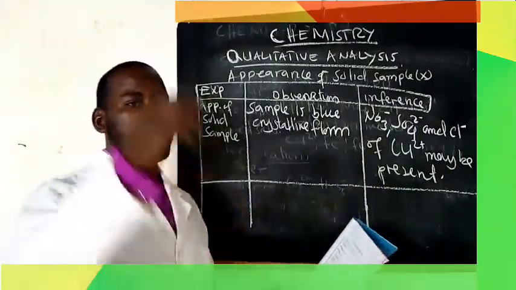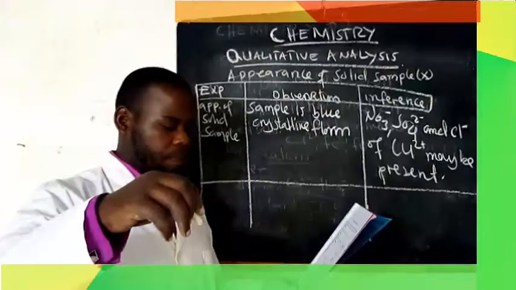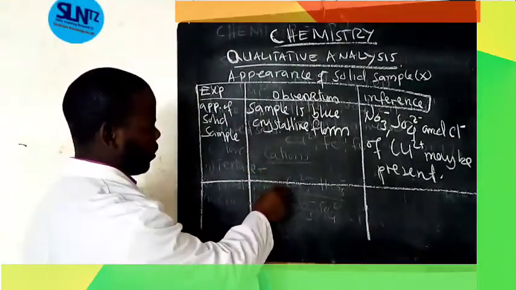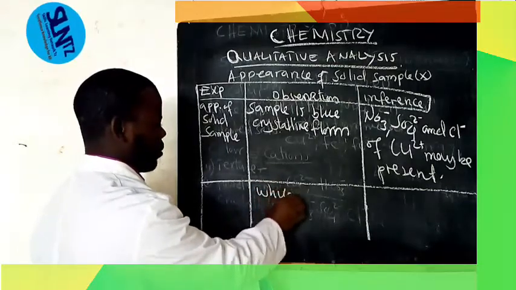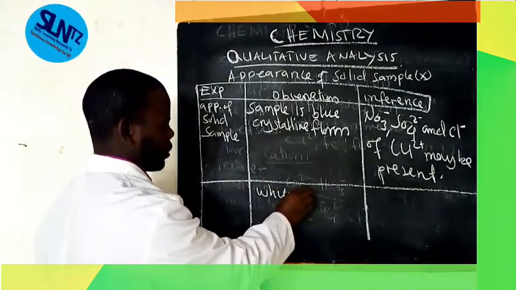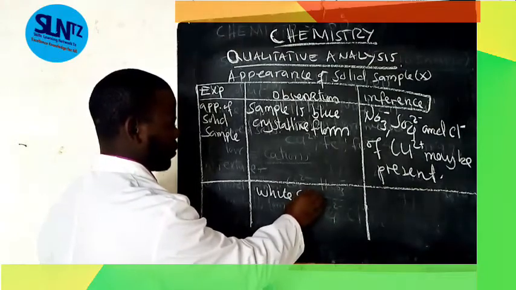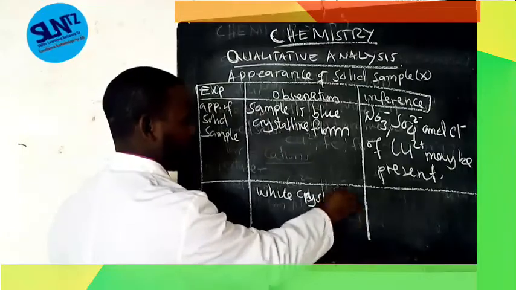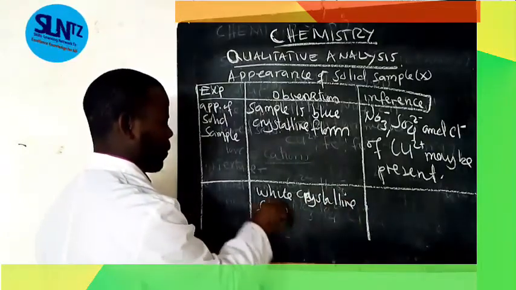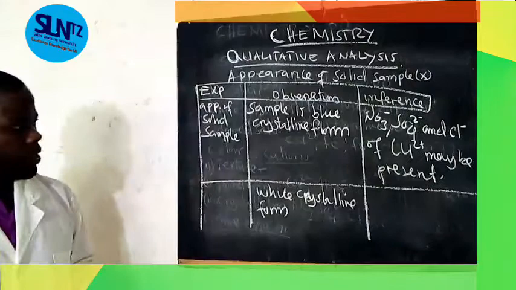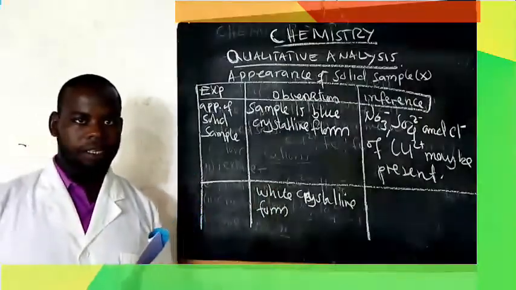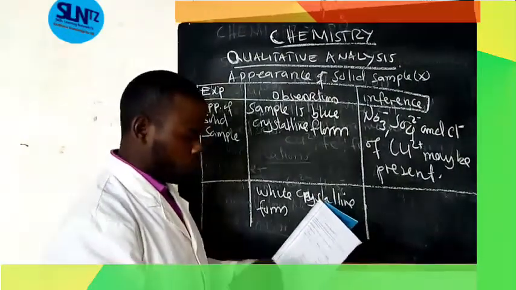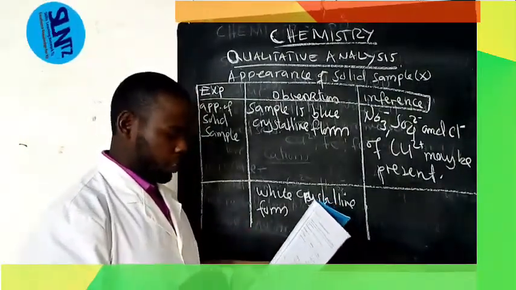So for the inference, the white shows ammonium, sodium, calcium, zinc.